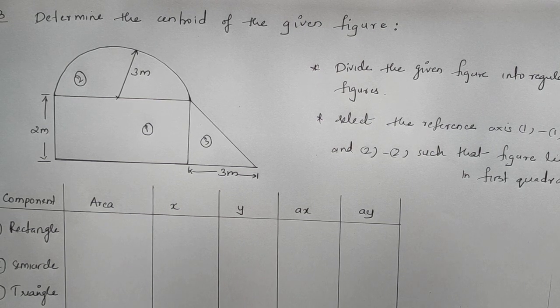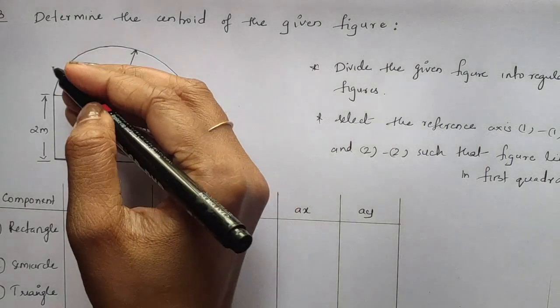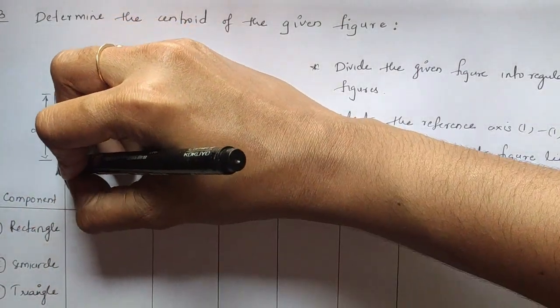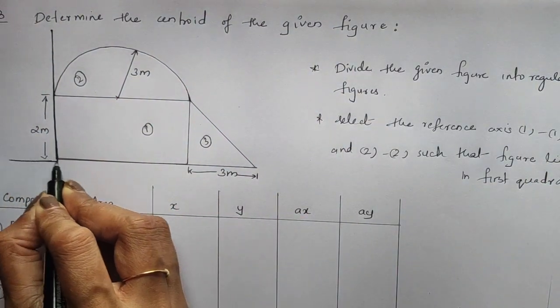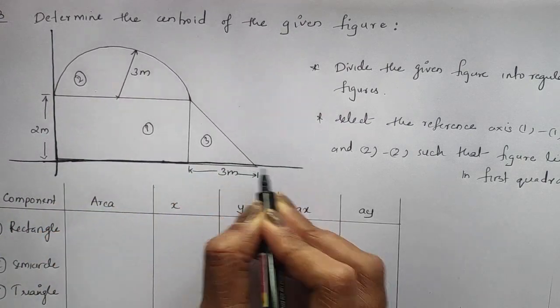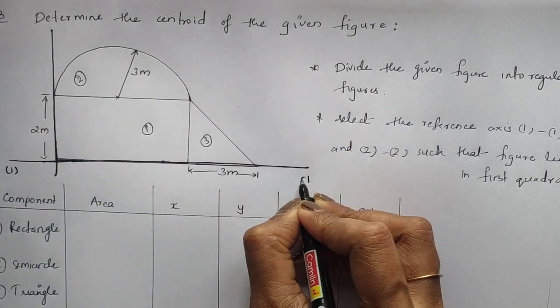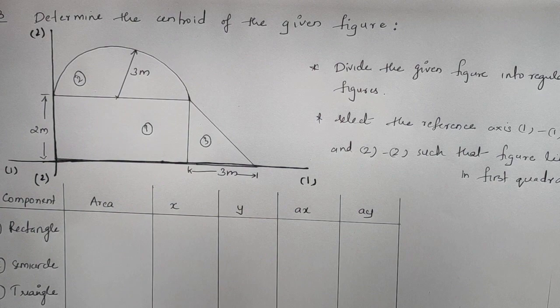So where should I select the axis then? You can see here that I am going to select the axis here, and the second axis will be here. Make sure you select the axis touching the ends.